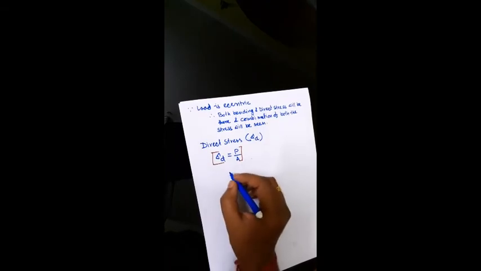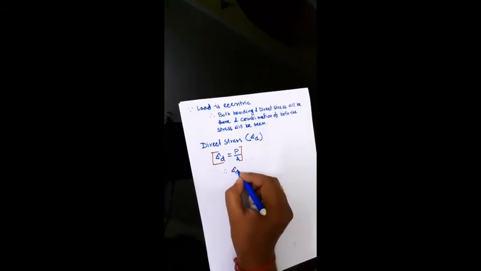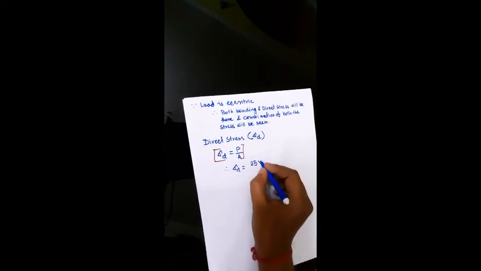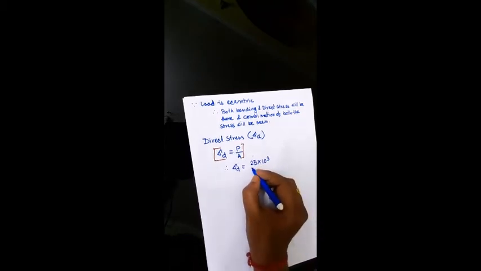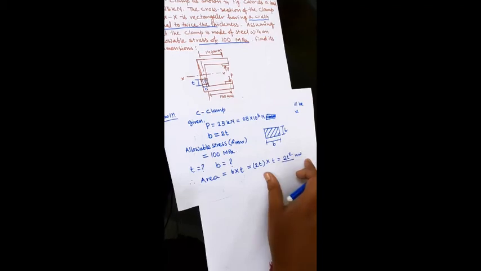Now see here. For this problem we can write sigma d is equal to P, which is 25 into 10 to the power 3 Newton, and the area we have found out as 2t square, right?